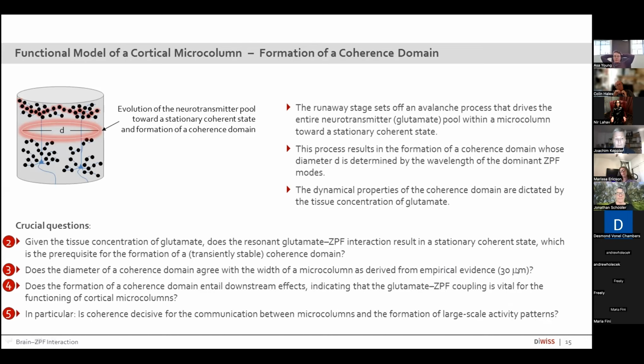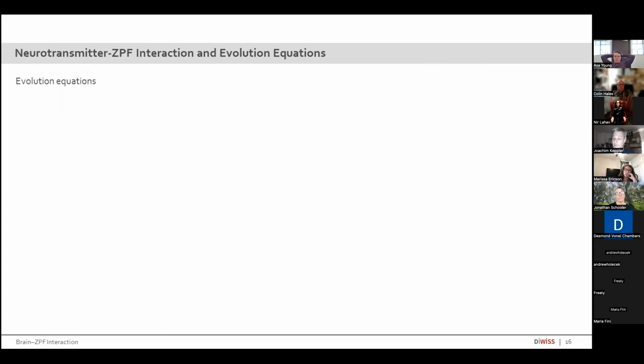And the next question is, does the formation of such a coherence domain entail downstream effects indicating that the glutamate zero-point field interaction is vital for the functioning of the microcolumns? So is coherence decisive for the next step, namely for the communication between microcolumns and the formation of long-range coherence? These are the crucial questions.